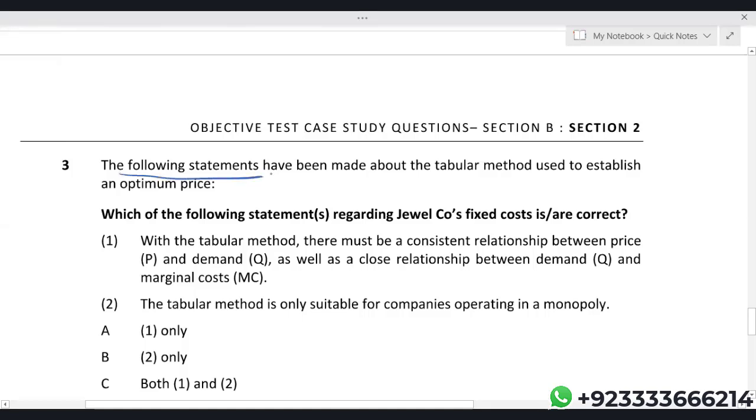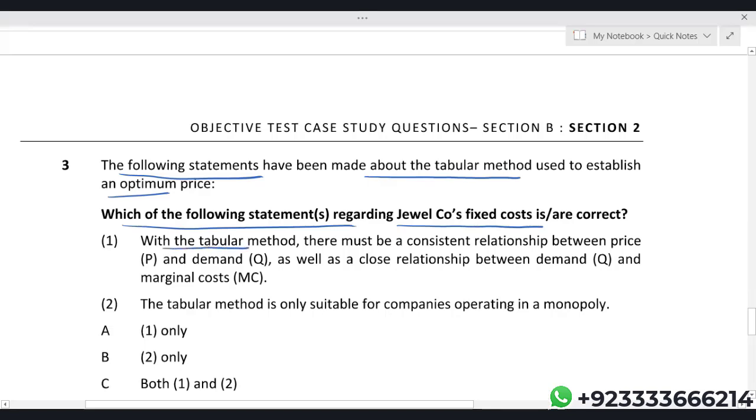The following statements have been made about the tabular method used to establish an optimum price. We have discussed this tabular method previously, of course. One approach is MR is equal to MC, another is the tabular method.